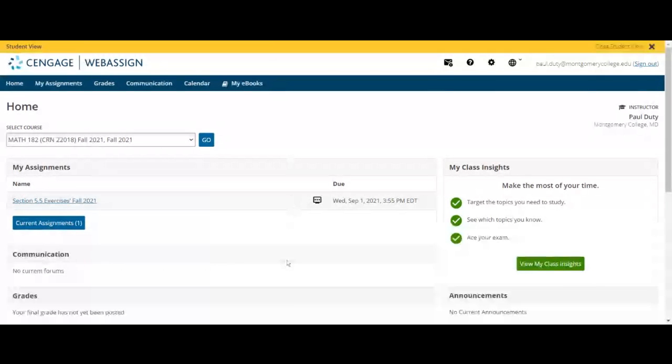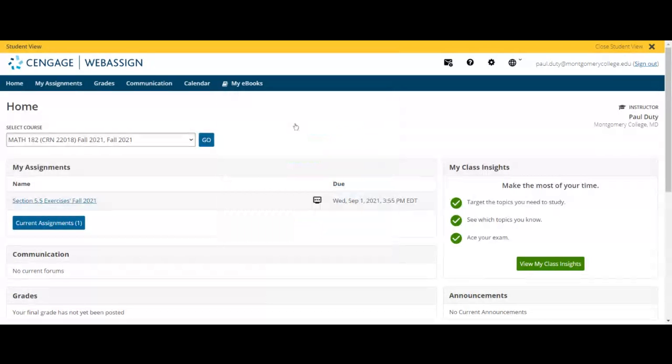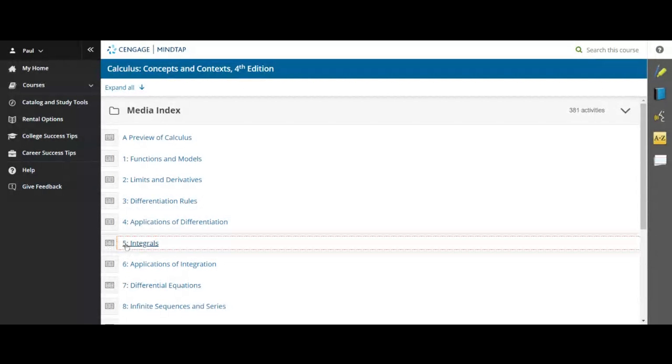What I'm doing is I'm going to the ebook. You see on the top it says My eBooks, like your student view in WebAssign. So you click on My eBooks, and we're going to go to Calculus here. Now I've got to go back into the ebook, and I want to go to chapter 5.